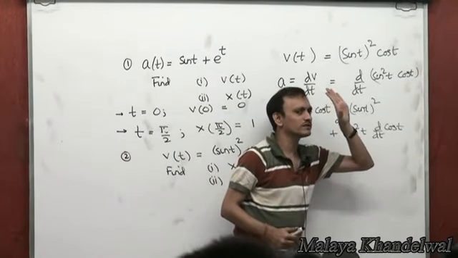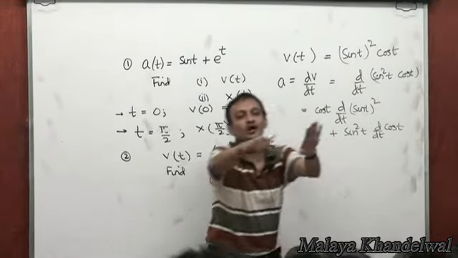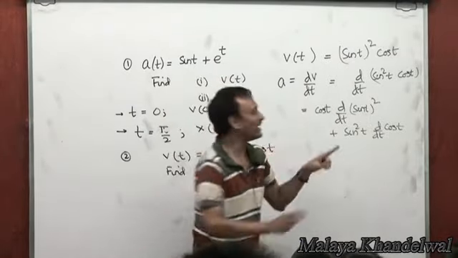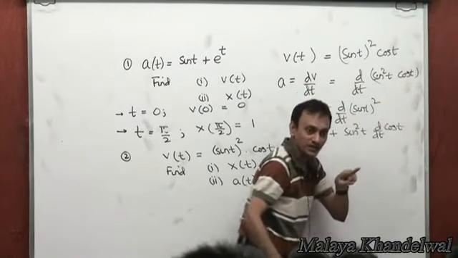What's d dt of sin t whole squared? Chain rule, go from outside to inside. Absolutely, 2 sin t into cos t, right? 2 into sin t to the power 2 minus 1 into cos t.